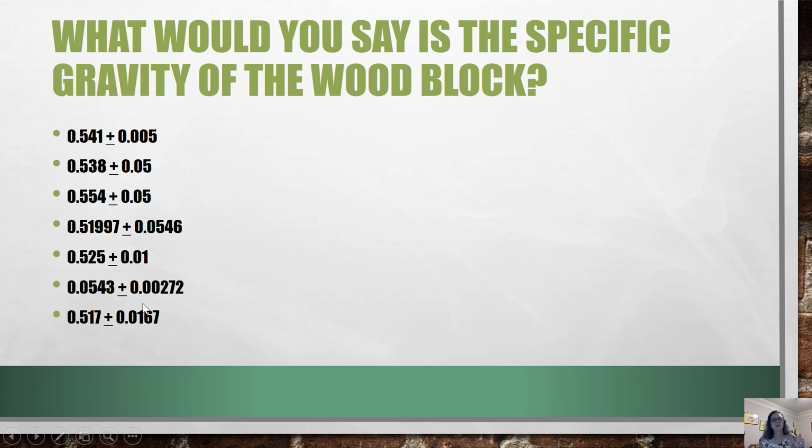What about choosing what my error limit is? There are many techniques that you might use to do this. But in a case such as this, frequently what I do is I list the minimum and the maximum. In other words, 0.541 plus 0.005 and 0.541 minus 0.005.